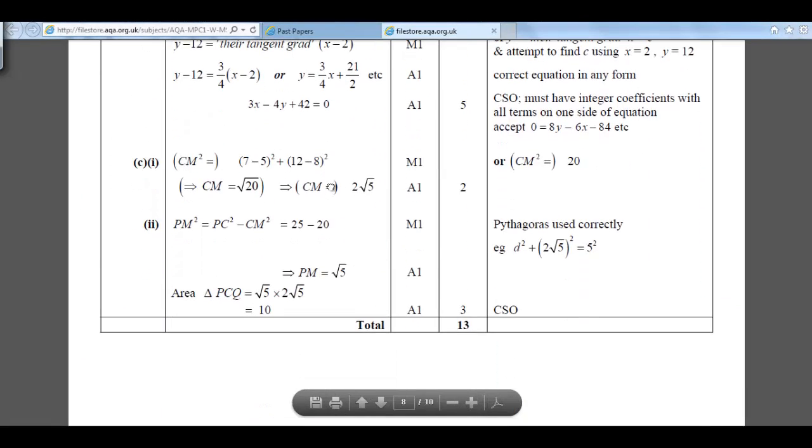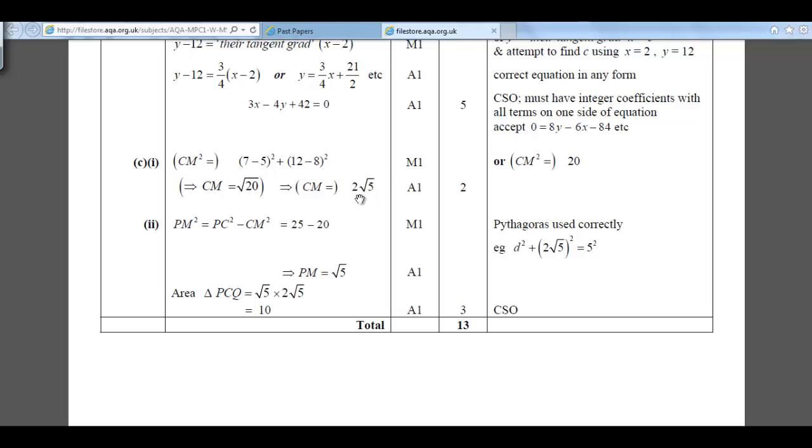So where were we? We have got our area of 10. PCQ was root 5 times 2 root 5. Did we work out P to M properly? Yeah, we were doing Pythagoras, but subtracting. 25 take away 20. Pythagoras used correctly. Gave us P to M as root 5. Looking back further, did we work out C to M properly?